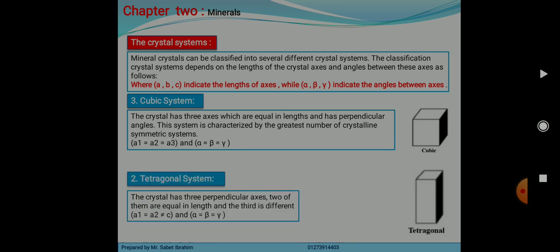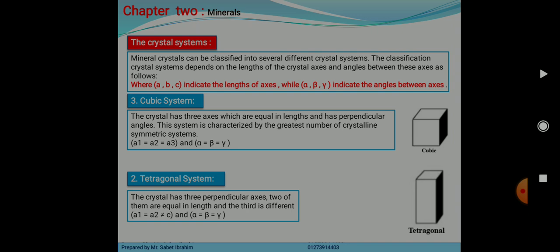Number two, tetragonal system. The tetragonal system has three axes. The two horizontal axes are equal, A1 equals A2, but they are different in length from the C axis.